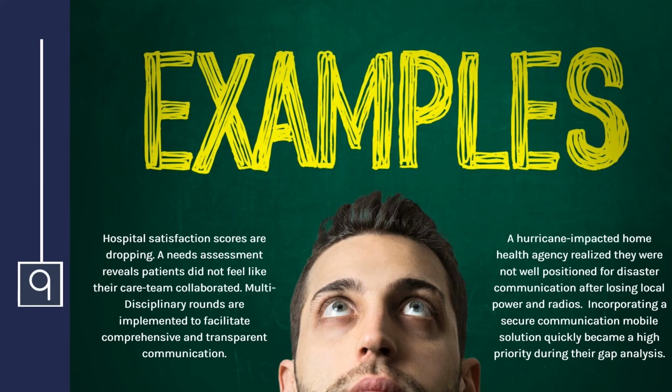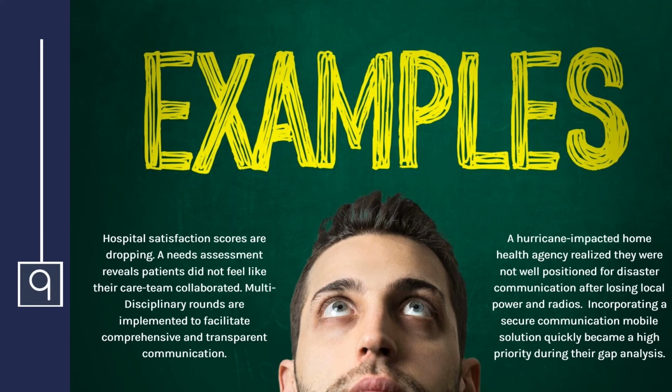And if they could not physically be there, we developed a process for them to use Qliq Secure Communication to engage members of the care team that weren't physically at the elbow, have collaborative group conversations with them, and share information with the patient. By doing so, they were able to improve their hospital satisfaction scores tremendously, and they definitely attribute that to the improved process.